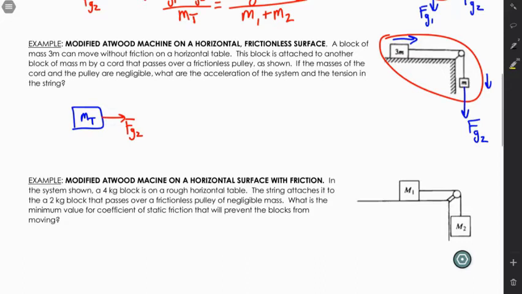And so now this just becomes like the first example on the previous special topic, where we said it's basically just F over m defines acceleration. So sum of the forces is equal to ma. And what's the only force acting? Fg2 equals mass times acceleration.